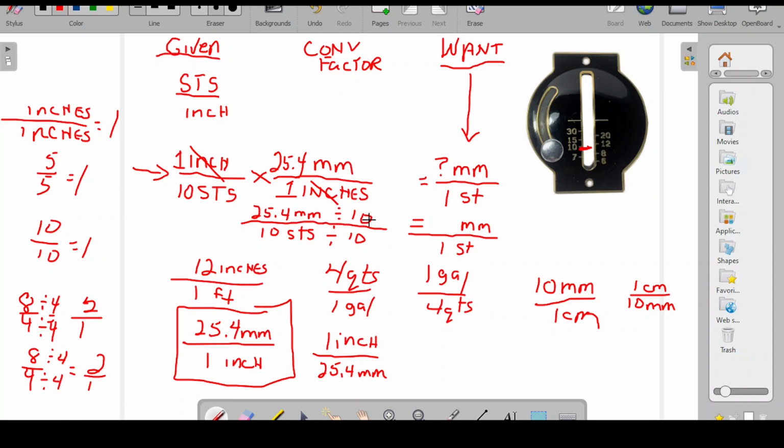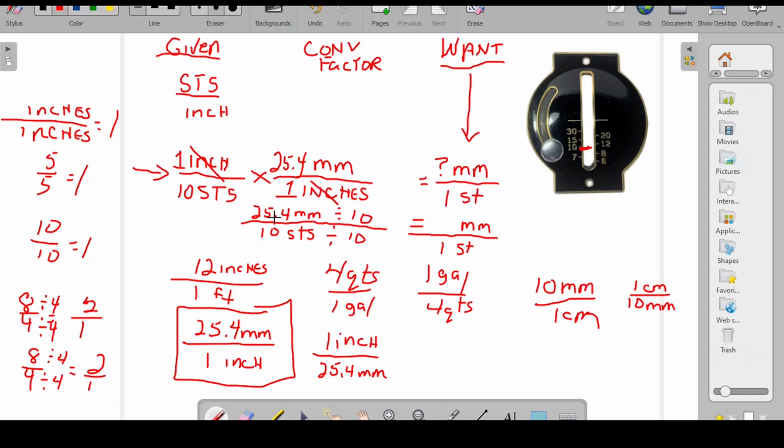25.4 divided by 10, well, it's easy to divide decimals by 10. If you divide a decimal by 10, you just move the decimal point to the left. You make it smaller because you're dividing by a whole number, and specifically the number 10 in this case.